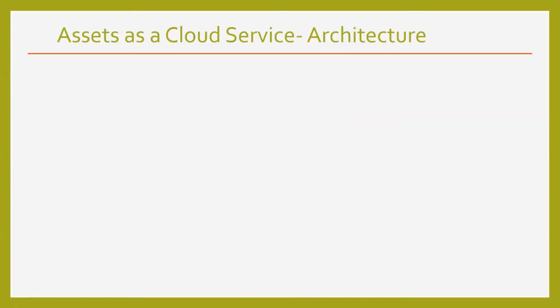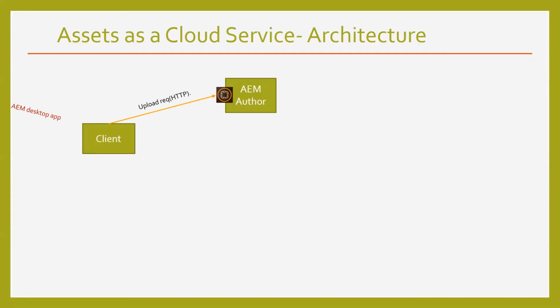Now let us see the new AEM Assets as a cloud service. In this case, the asset processing part is completely taken out of AEM. As a first step, the author uploads assets. This sends an HTTP request to AEM author. The upload can happen via AEM desktop app, web interface, Adobe Assets link, or custom upload tool which uses Assets Cloud HTTP API.